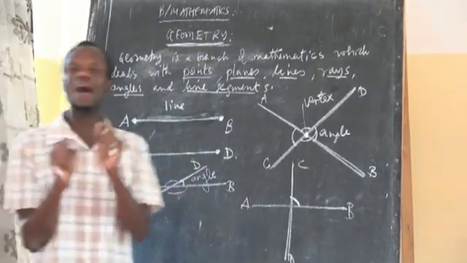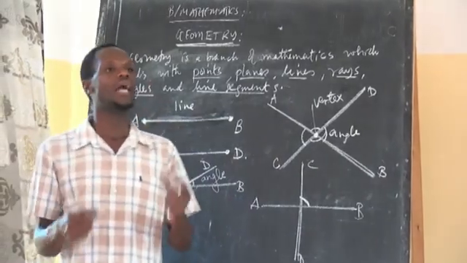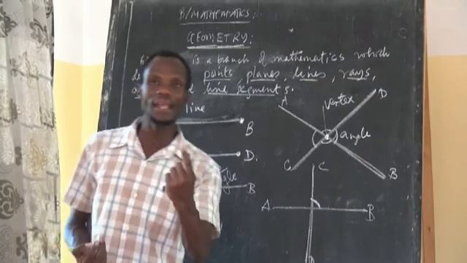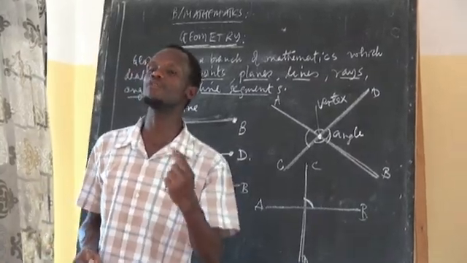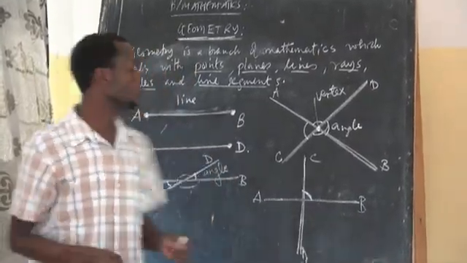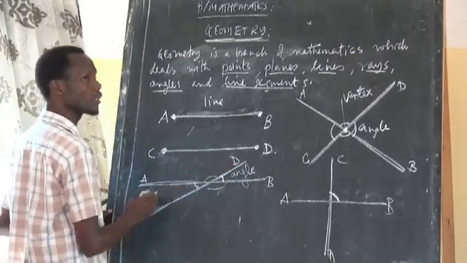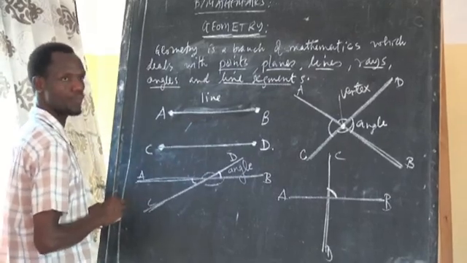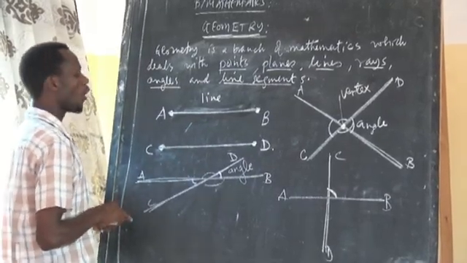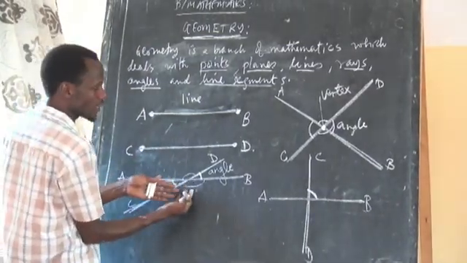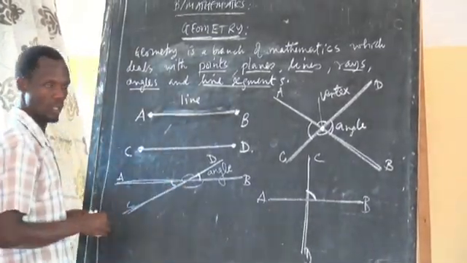The magnitude or size of an angle depends on the way the lines have intersected. You may see this side has been reduced according to the way of intersection.